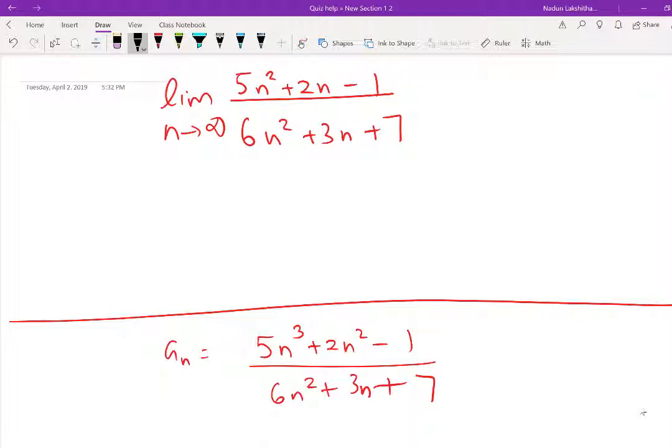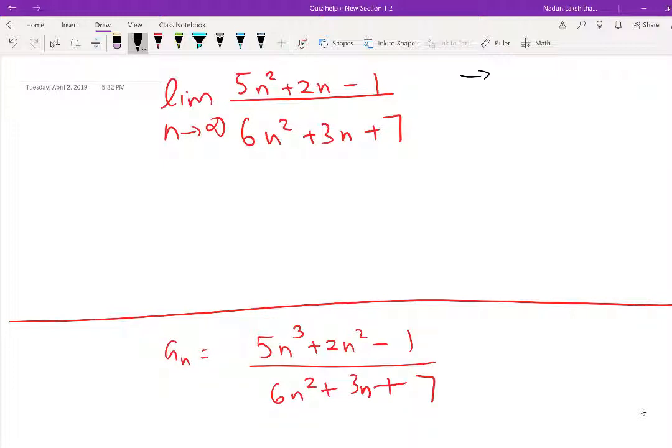Now if you look at the numerator and denominator separately, in the numerator you have a second degree polynomial of n. When you keep taking larger and larger n values, what do you think happens to the numerator? It's going to get larger, right? 5 times the square of a larger number plus 2 times a larger number minus 1.